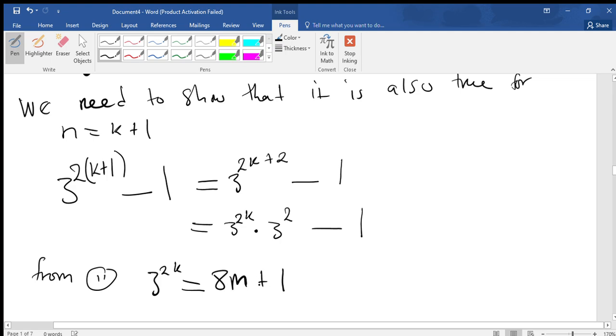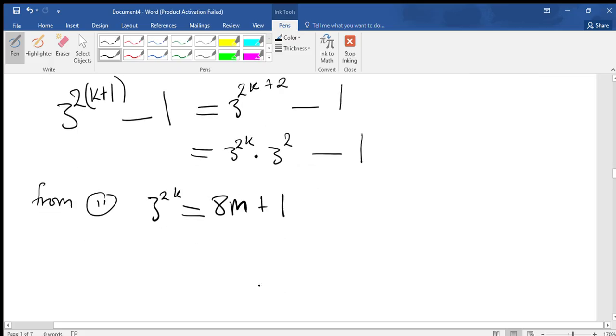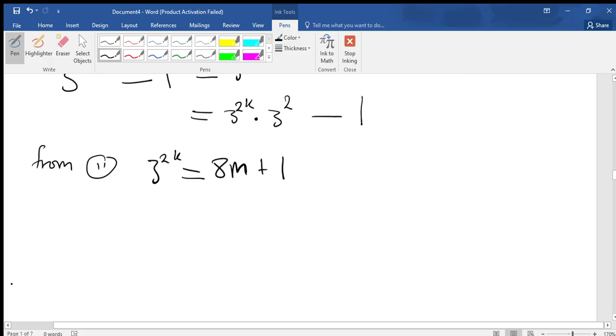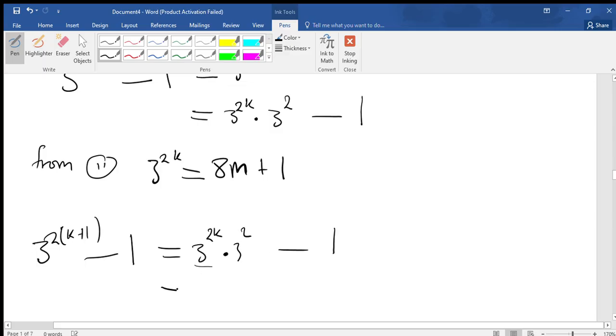So it means we can replace that expression. We are now going to have 3 power 2k plus 1 minus 1, which is equal to 3 power 2k multiplied by 3 squared minus 1. After the 3 power 2k, we replace with 8m plus 1. This is multiplied by 3 squared minus 1 outside.